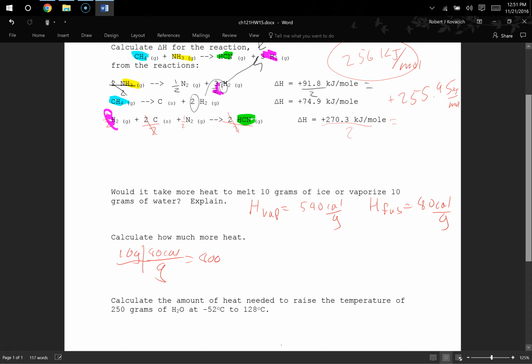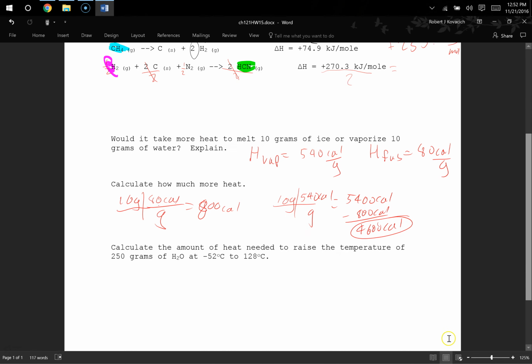So that's 800 calories to melt, and then it's 10 grams, 540 calories per gram, and then it's 5,400 calories to boil. And so then if I just subtract off the 800 calories, the difference is 4,600 calories. So it's going to take 4,600 more calories to vaporize the ice than it is to melt the ice, 10 grams that is.